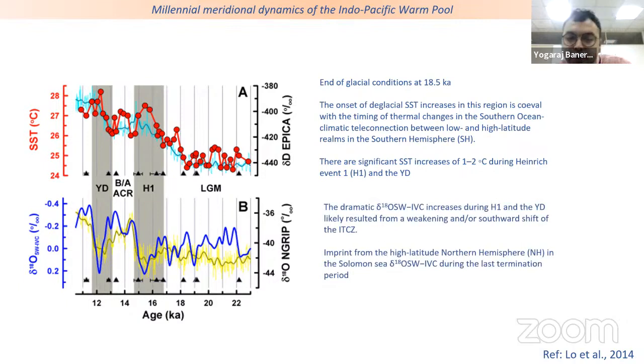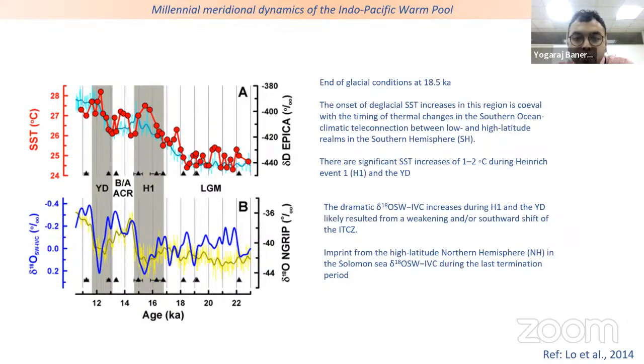Now if we look at the bottom panel, panel B, we can see that the ice volume corrected δ18O of seawater record shows an increase during Heinrich event 1 and the Younger Dryas time period, and it might have resulted from the weakening or the southward shift of the ITCZ during these time intervals.